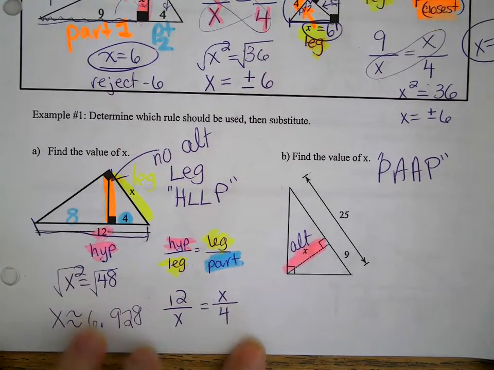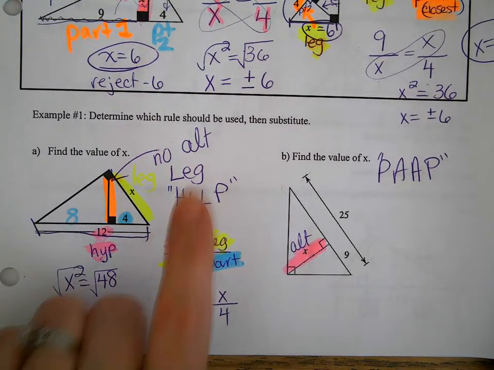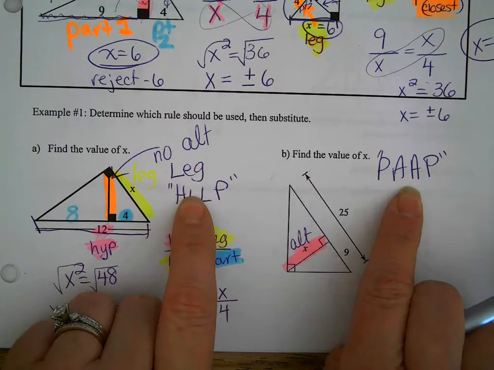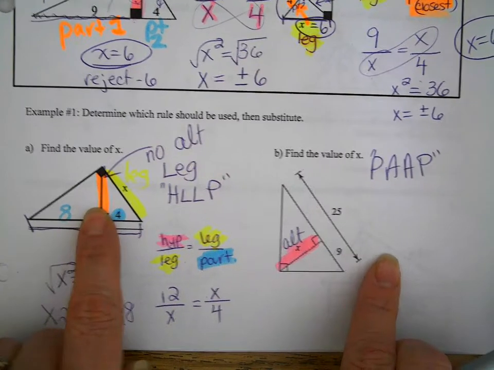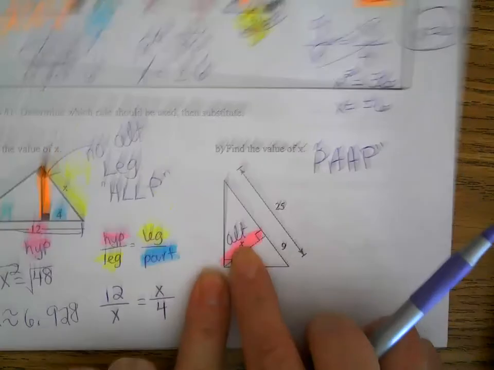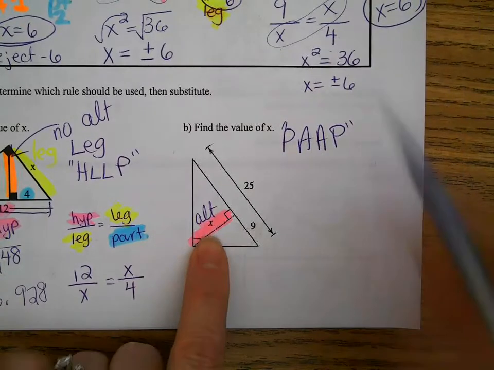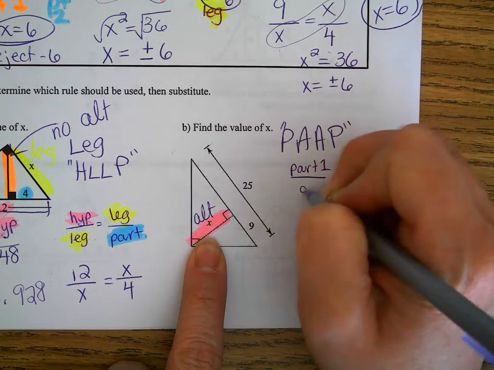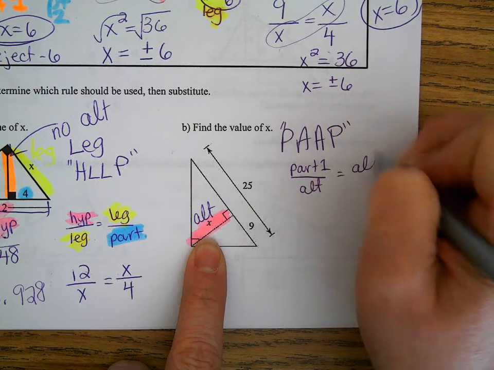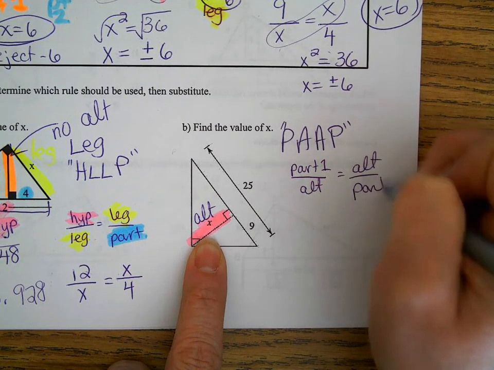So looking at part B, again, identify which rule to use first. This was the leg rule because there was no altitude measure given. Here, the altitude rule, the altitude is x. Remember, PAAP goes to part 1 over your altitude equals the altitude over part 2.